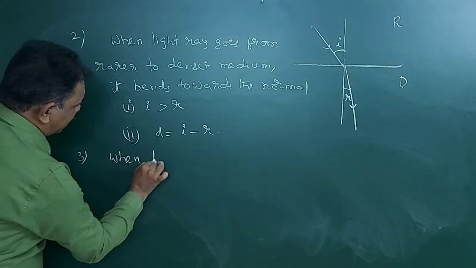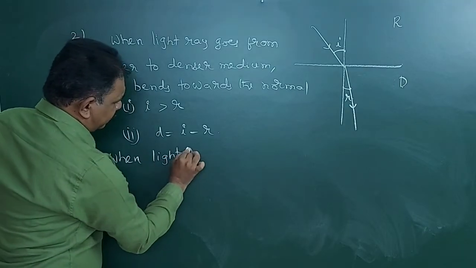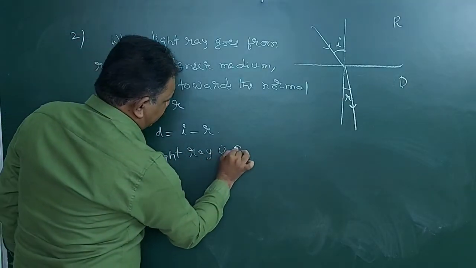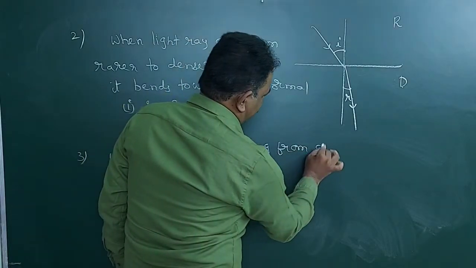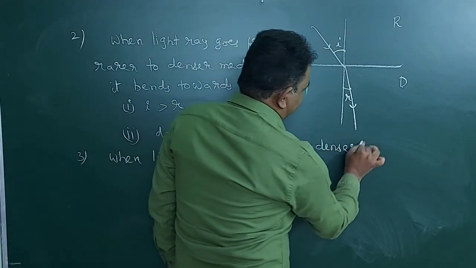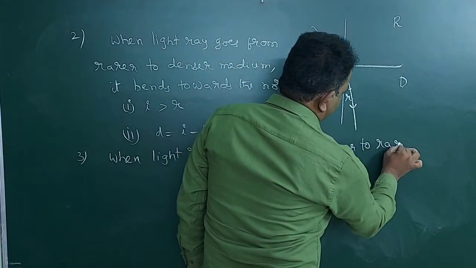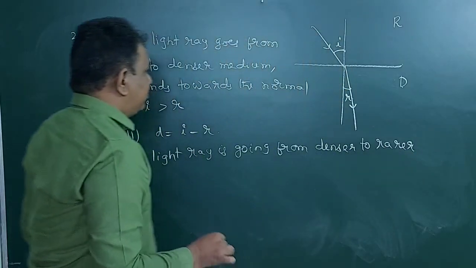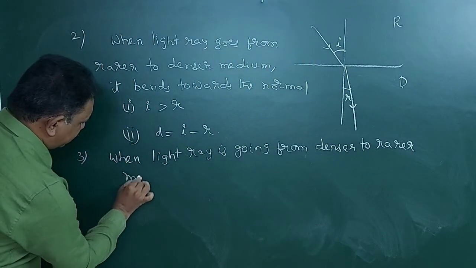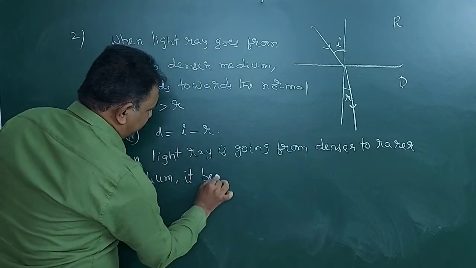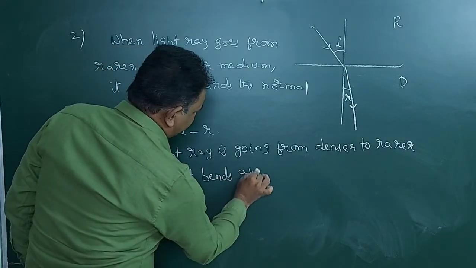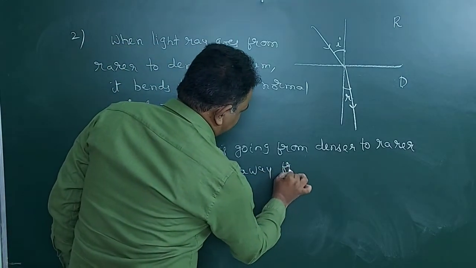When a light ray is going from denser to rarer medium, it bends away from the normal.